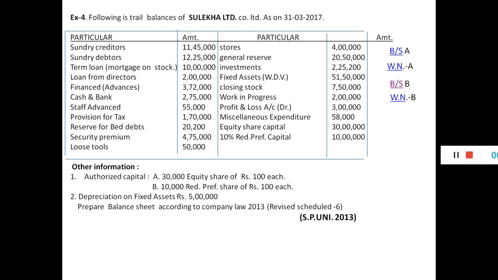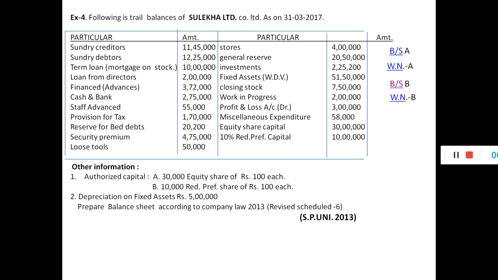Reserve for bad debts, it will be shown under the note of 18, trade receivable. Security premium, it will be shown under the note of 2, reserve and surplus. Next, loose tools, 50,000 will be shown in the balance sheet under the note of 17, inventories.